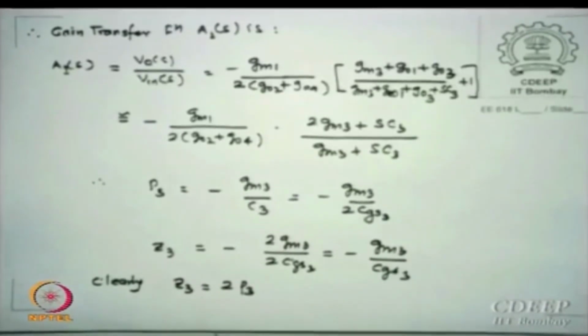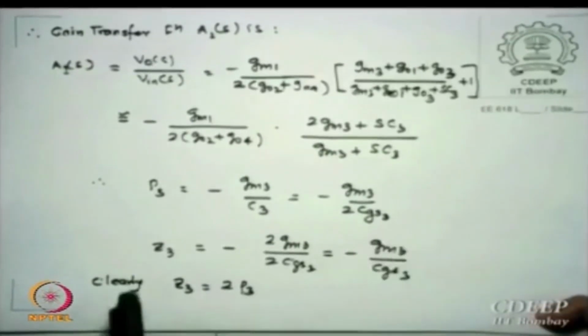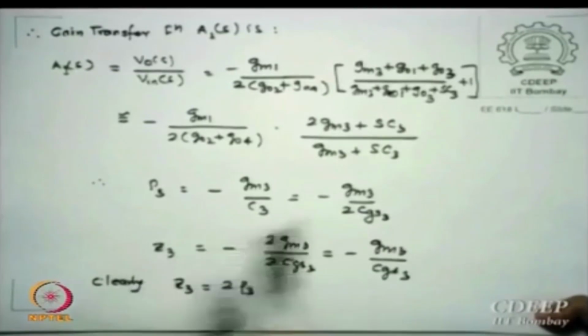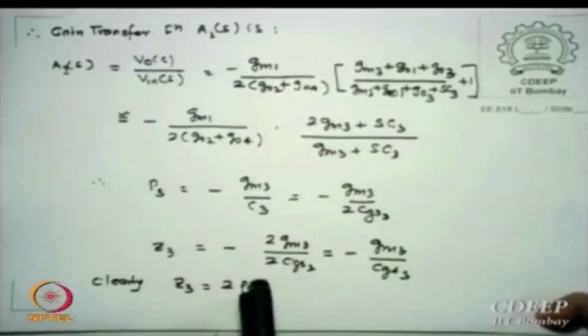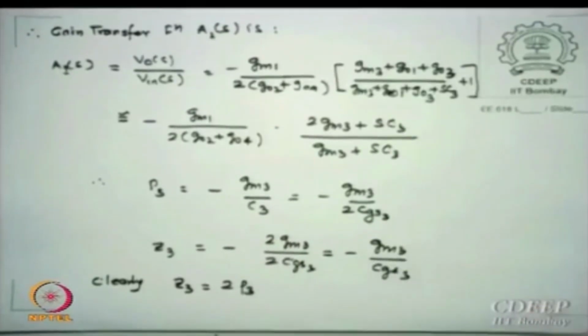At that point CGS of 4 and CGS of 3 are in parallel, so I just made it 2 CGS. Now what is Z3? 2 GM3 with SC3 coming, so it gets 2 GM3 upon 2 CGS3, which is GM3 by CGS3.